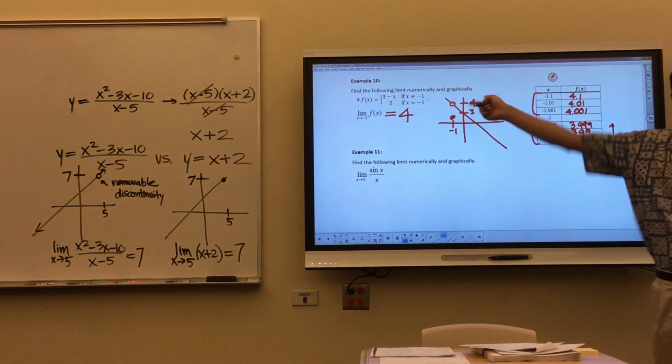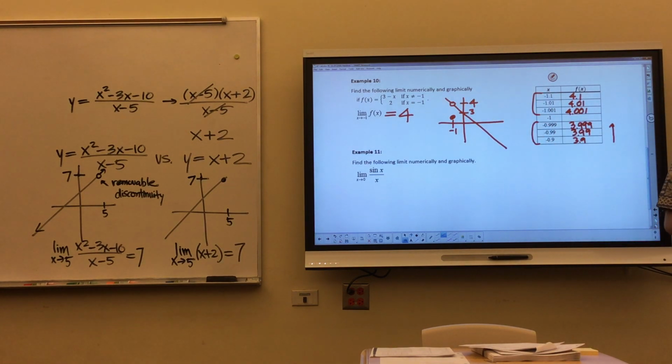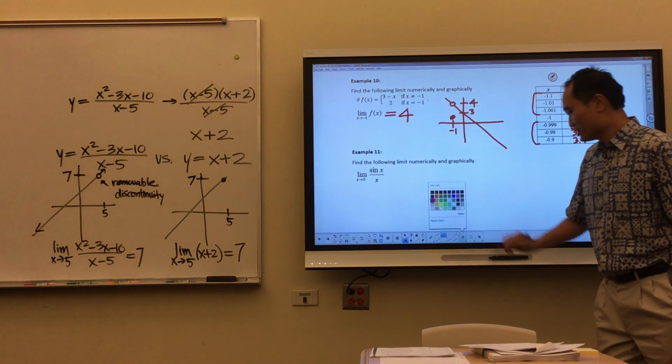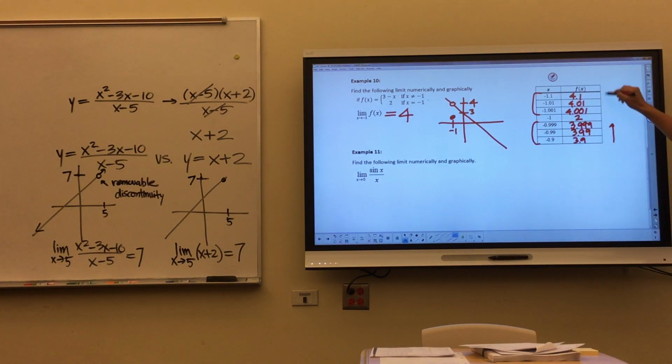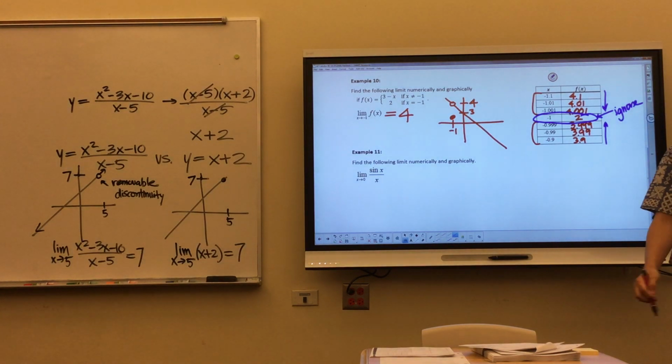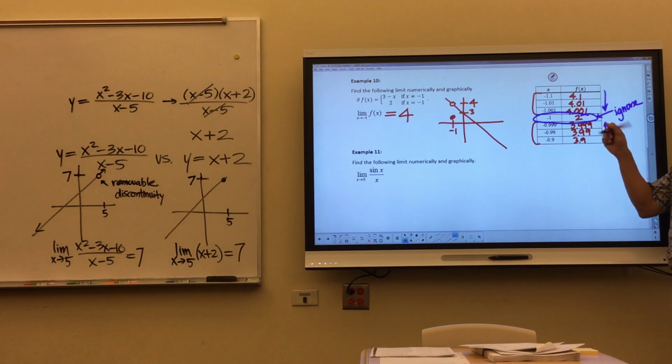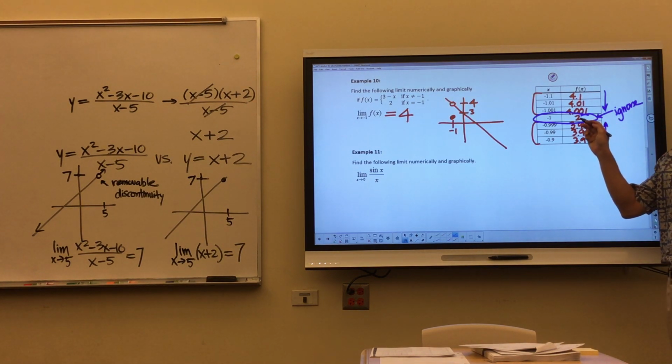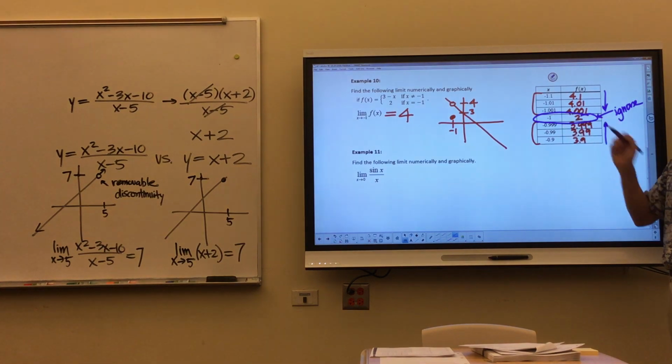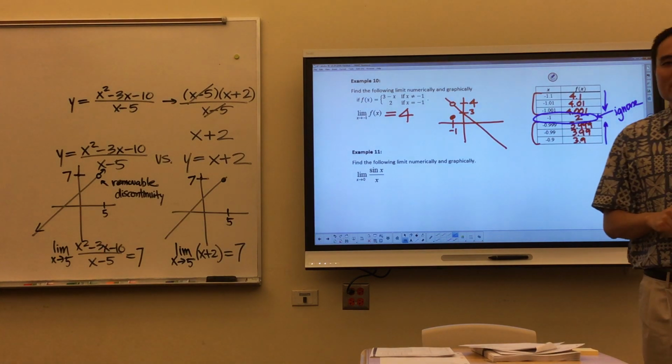Now plug in negative 1 into that function. What is f of negative 1? 2. Okay? 2. So as we read the table this way, and as we read the table this way, and we disregard this, what appears to be the limit? 4. So I'm emphasizing the point that it doesn't matter what is happening at x equals negative 1.